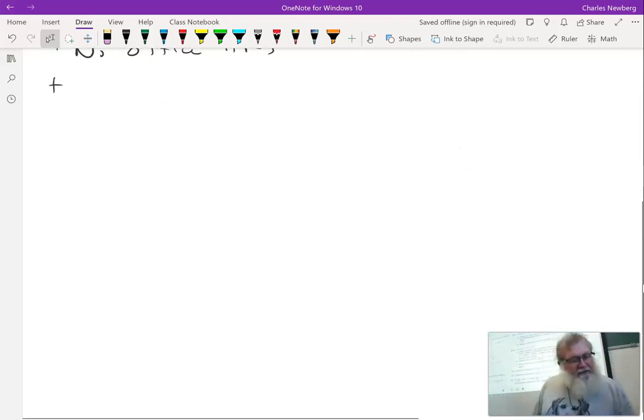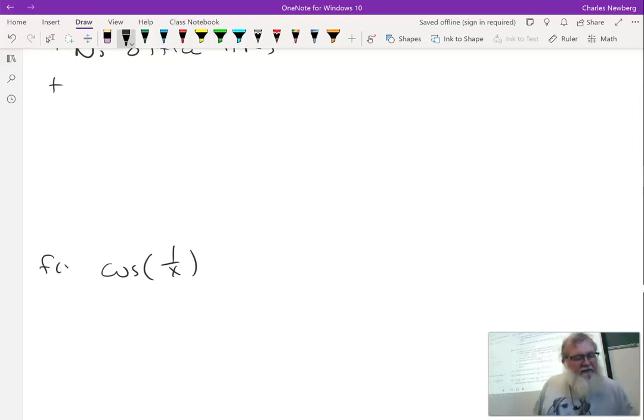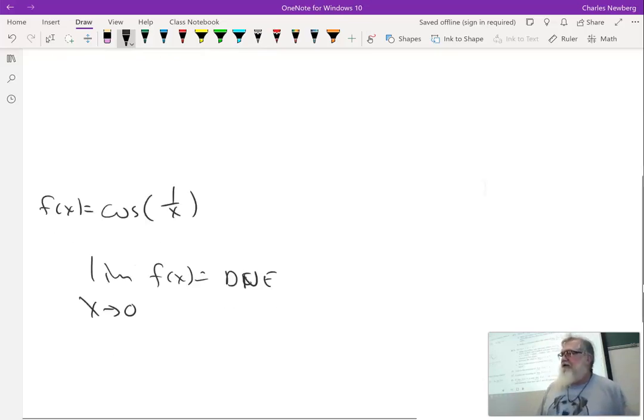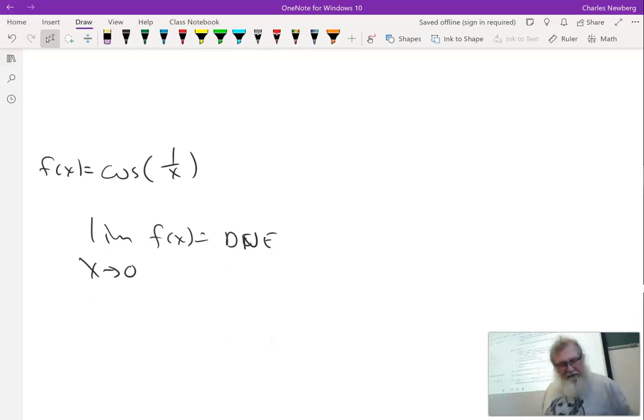So you're asking, how come the limit as x approaches 0 of cosine of 1 over x does not exist, versus this one did exist. Let me flip this back over so I can have something to point to here.